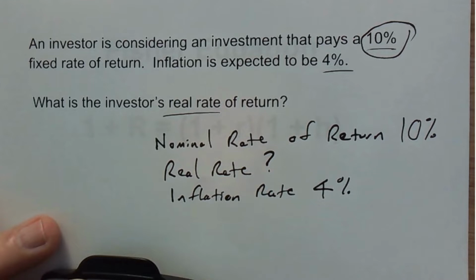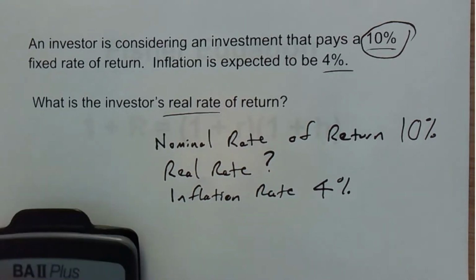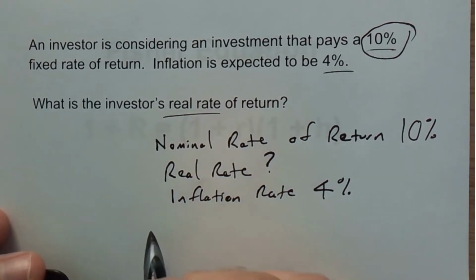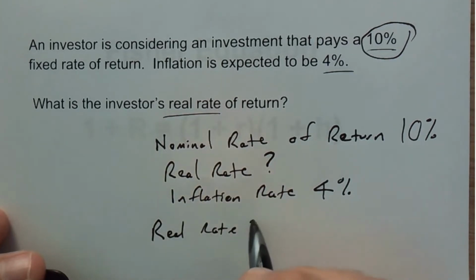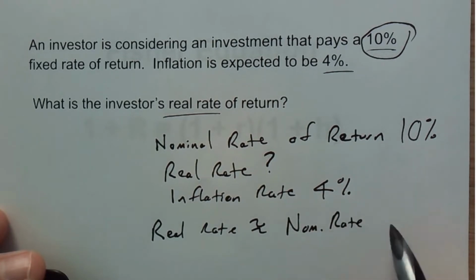We can approximate it, and people approximate it all the time, by basically saying that the real rate is approximately equal to the nominal rate minus the inflation rate.